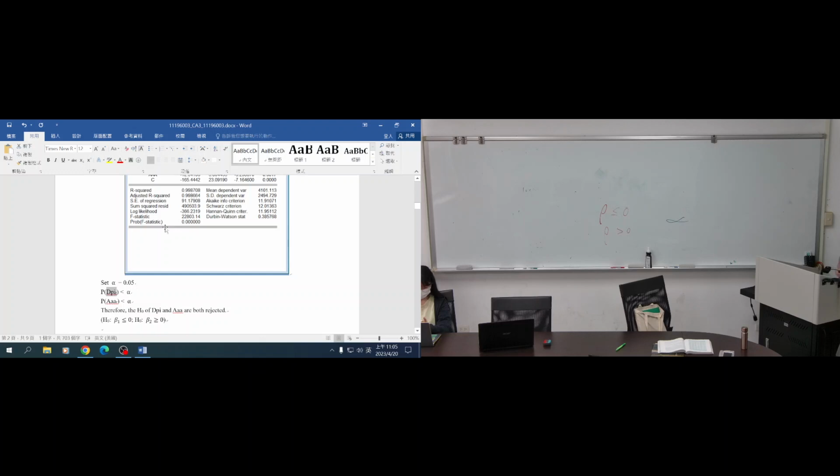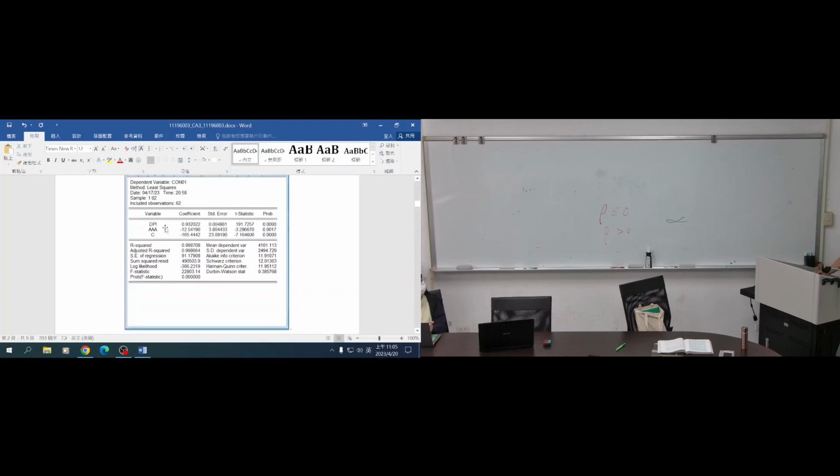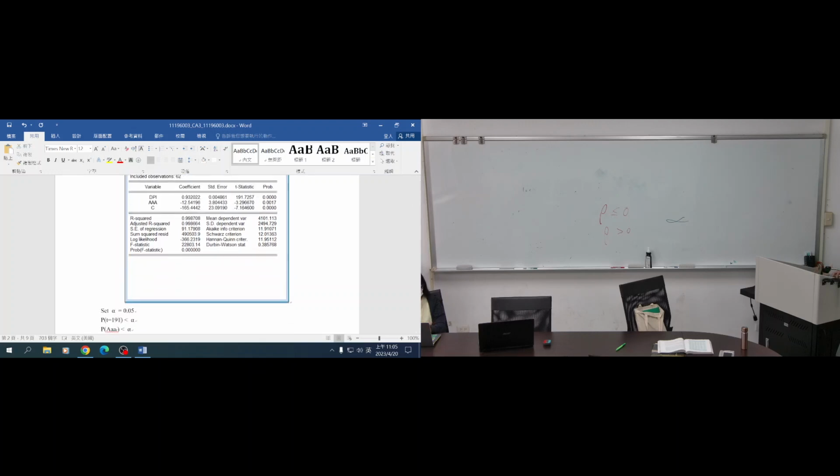But can I write like here, like t equals to... No. 191. T. And you should identify which one, T1 or T2, right? Since the first one is DPI, it's T1.